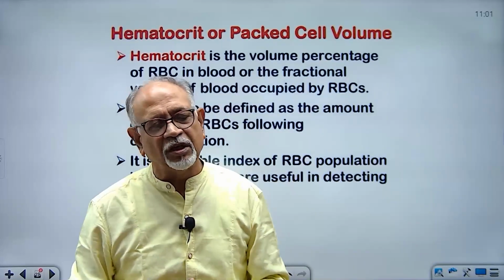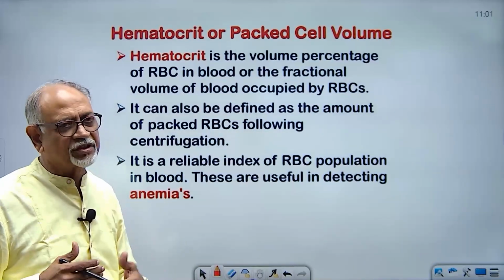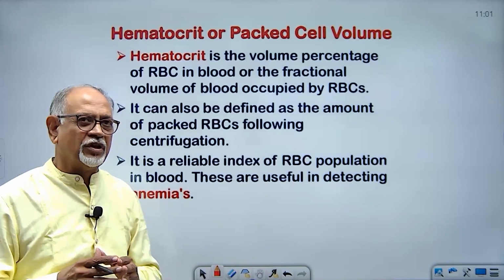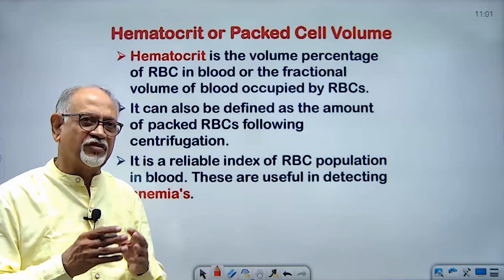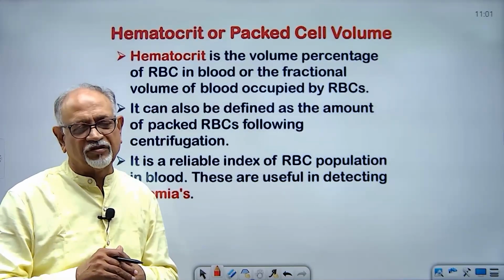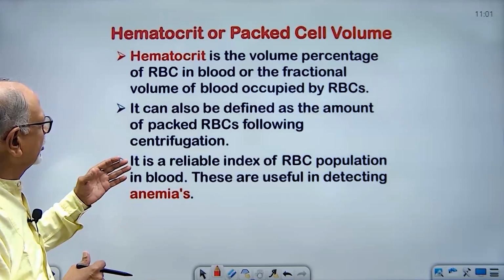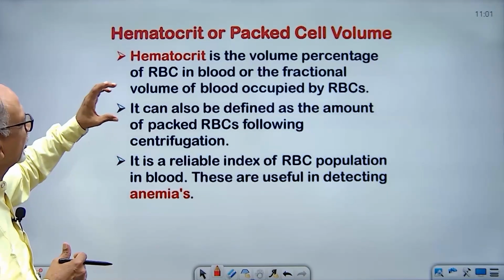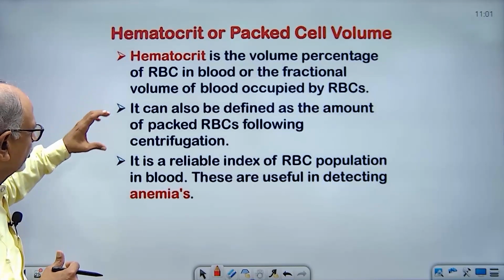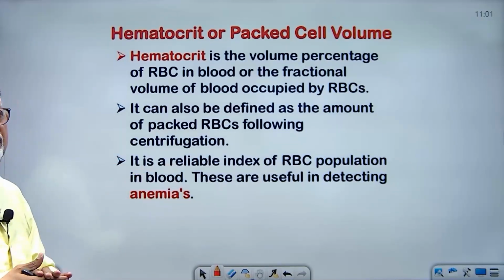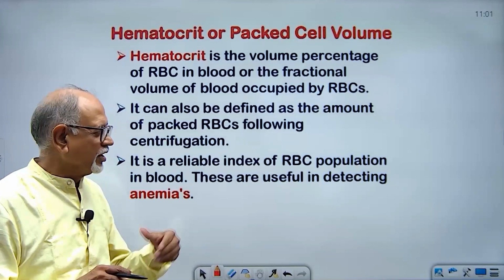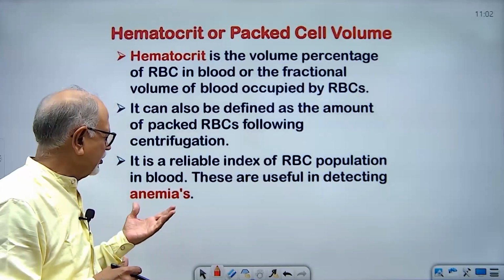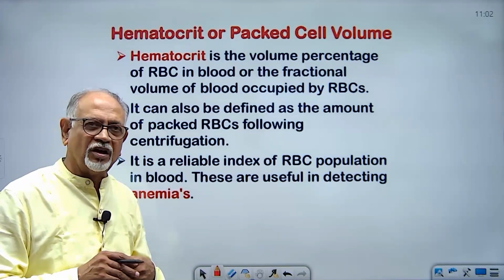When the whole blood is subjected to centrifugation, then by centrifugal force, the heavier RBCs settle down at the bottom of the centrifuge tube, and the amount of that packed cell is called the packed cell volume or hematocrit value. It is a reliable index of RBC population in the blood, and it is used for detection of various kinds of anemias.